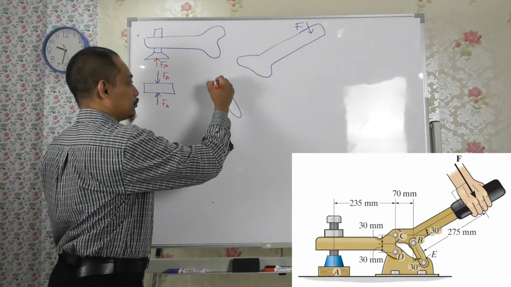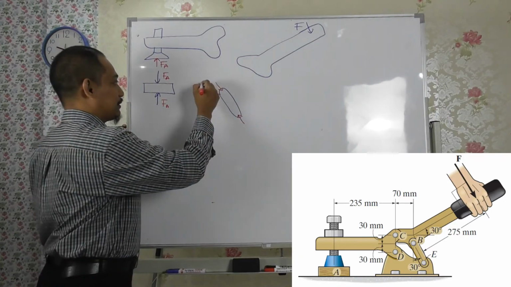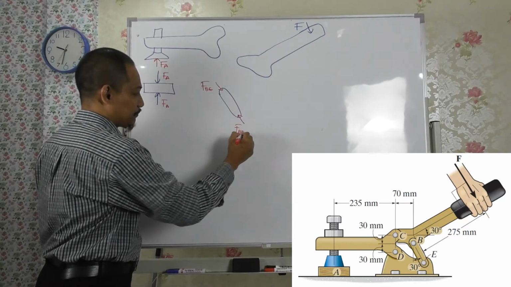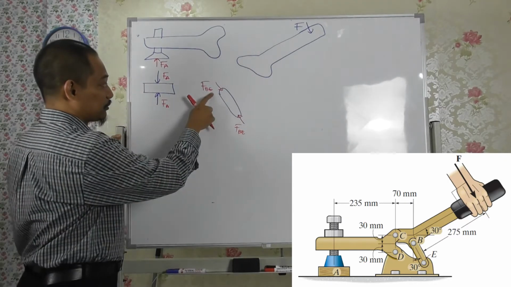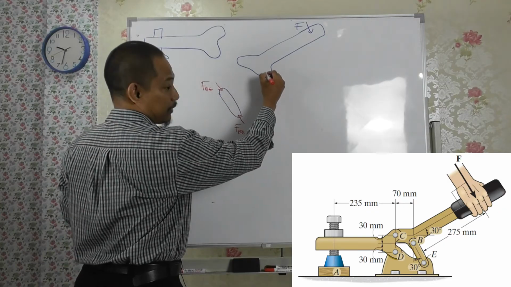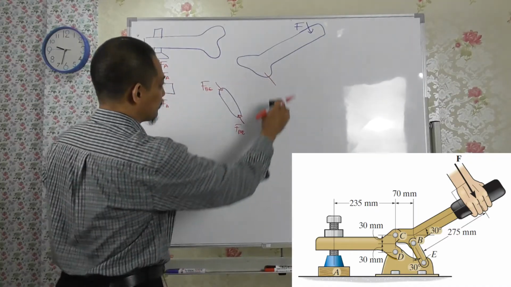So you can assume, or logically it will be that way. So let's name this FBE, because it's along BE. Corresponding to FBE here, it goes to this point B, where it's around 30 degrees, right? Okay.